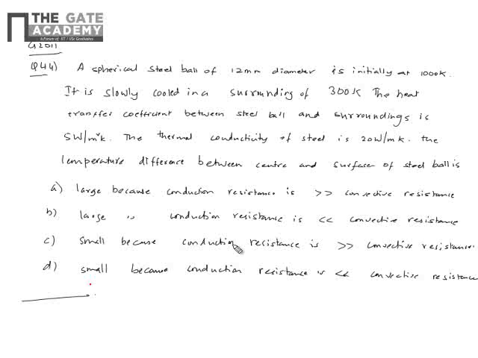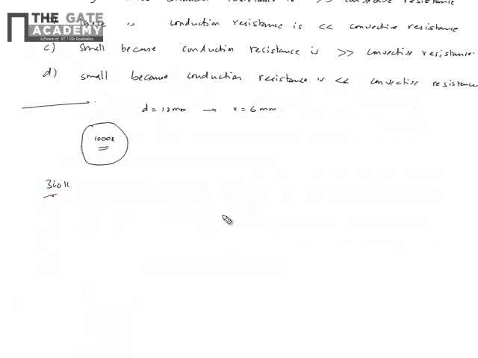Okay, so now let's see what the problem is. You have a spherical steel ball and its initial temperature is 1000 Kelvin, its diameter is 12 mm, so that means radius is 6 mm, and it's kept in a surrounding where the surrounding temperature is 300.